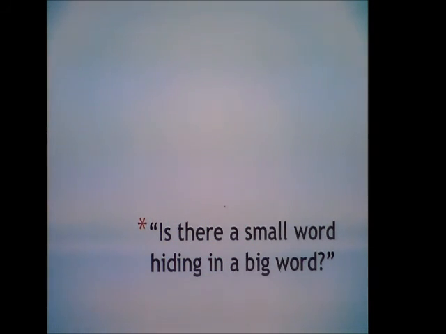The first strategy is: is there a small word hiding in a big word? Look at this word. I can see a small word hiding in it. It's tree. So you have street. You can say it: street, street.